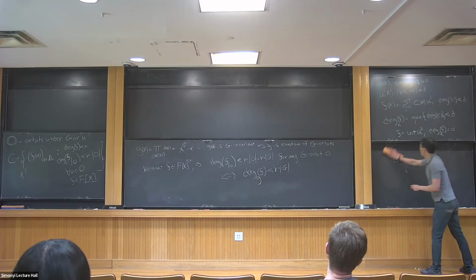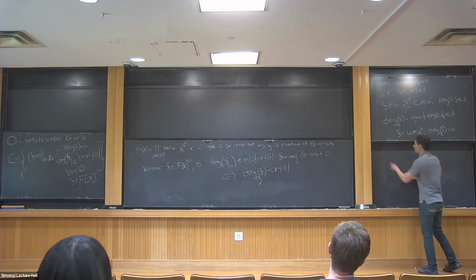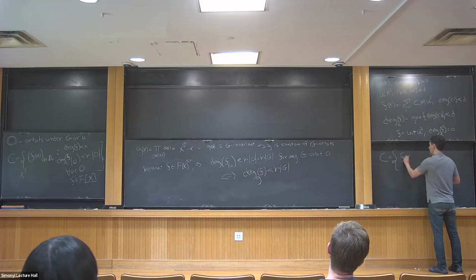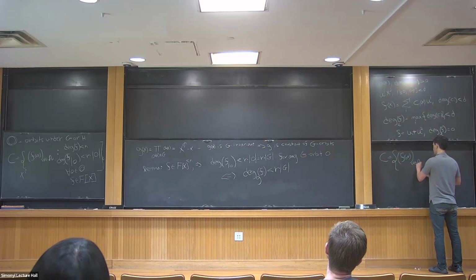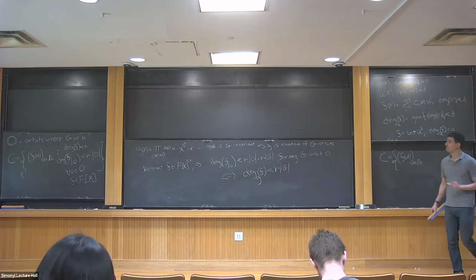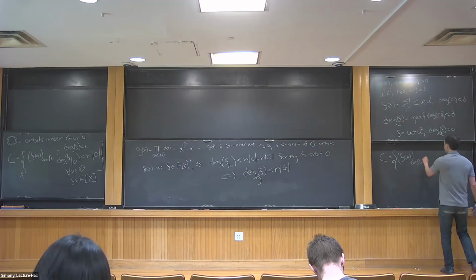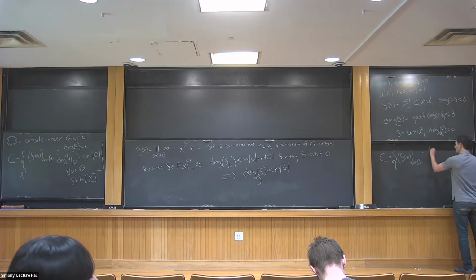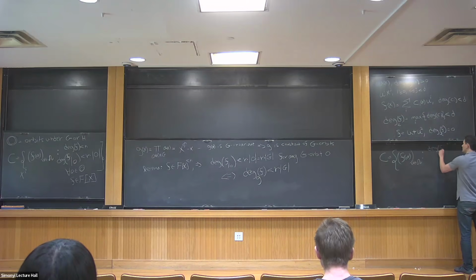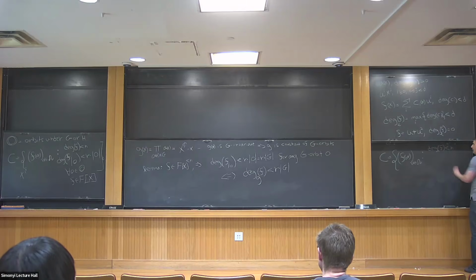What is the equivalent definition? What is the code? The code says: all polynomial evaluations, exactly as before, and such that the degree of f is less than n.